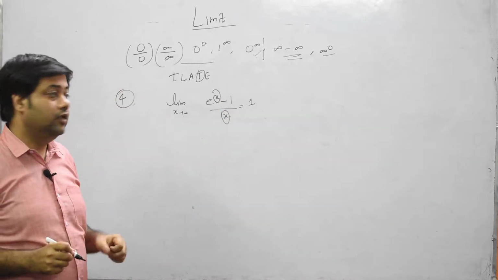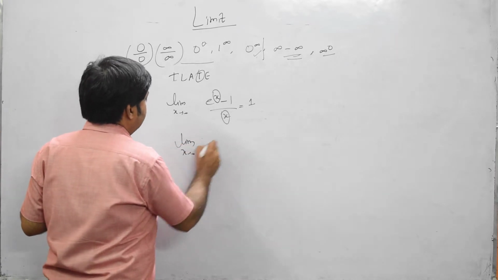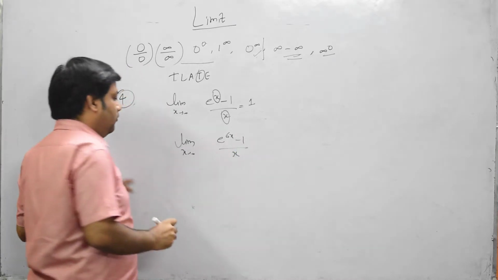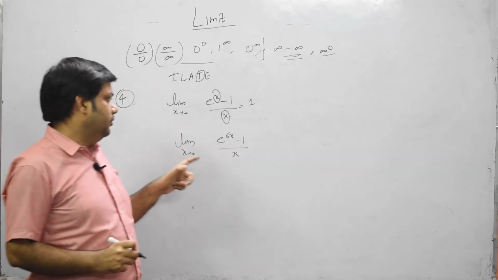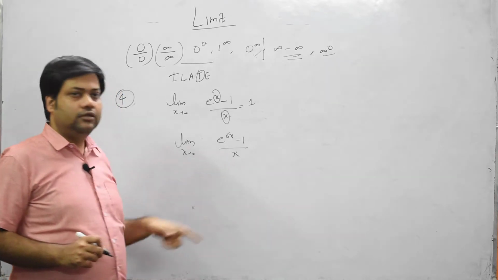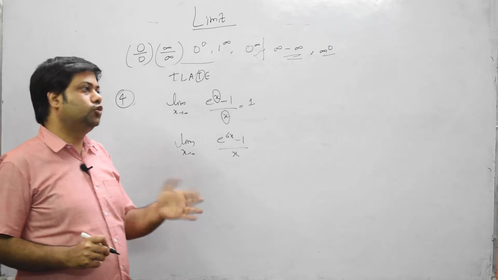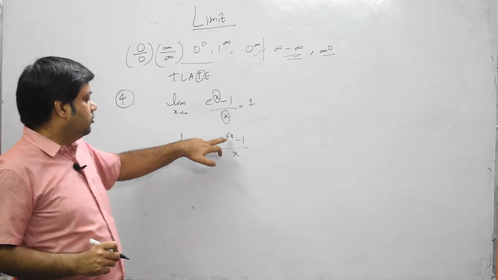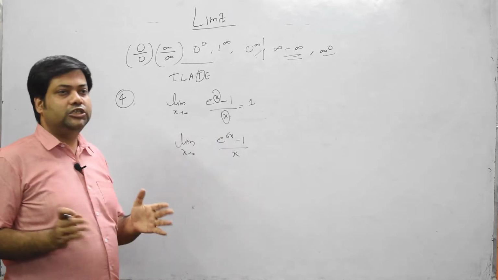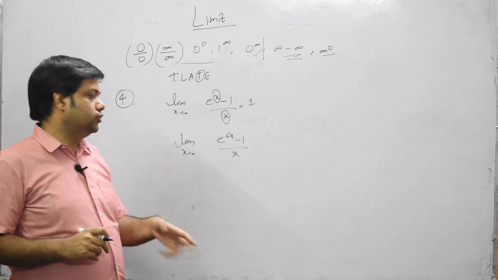So let's say we take up an example, limit x tending to 0, e to the power 6x minus 1 by x. Now what will be the answer? So remember here the power of e and the denominator are different. So what do we do? We have 2 choices. Either you transform this particular value or you change the denominator. Obviously changing the power will be complicated, so we change the denominator.